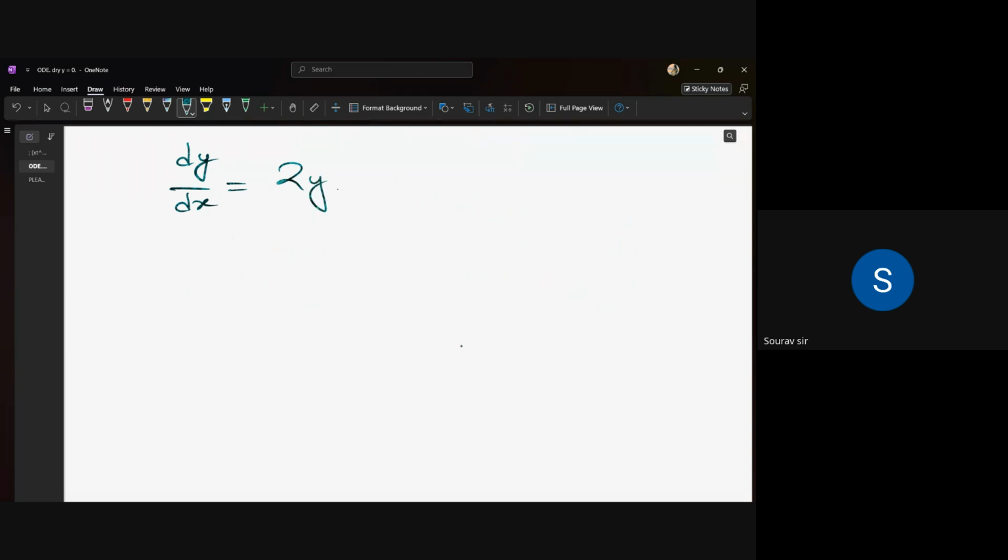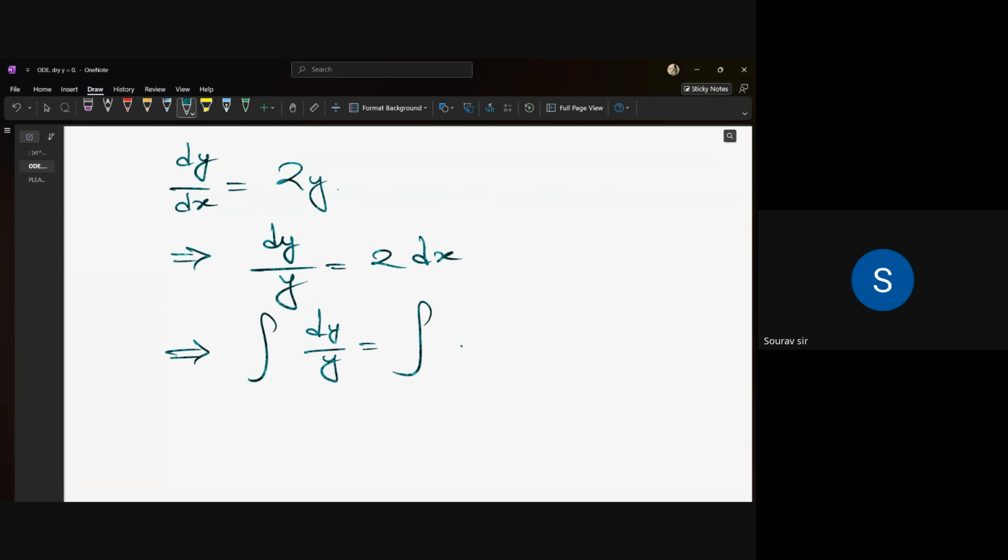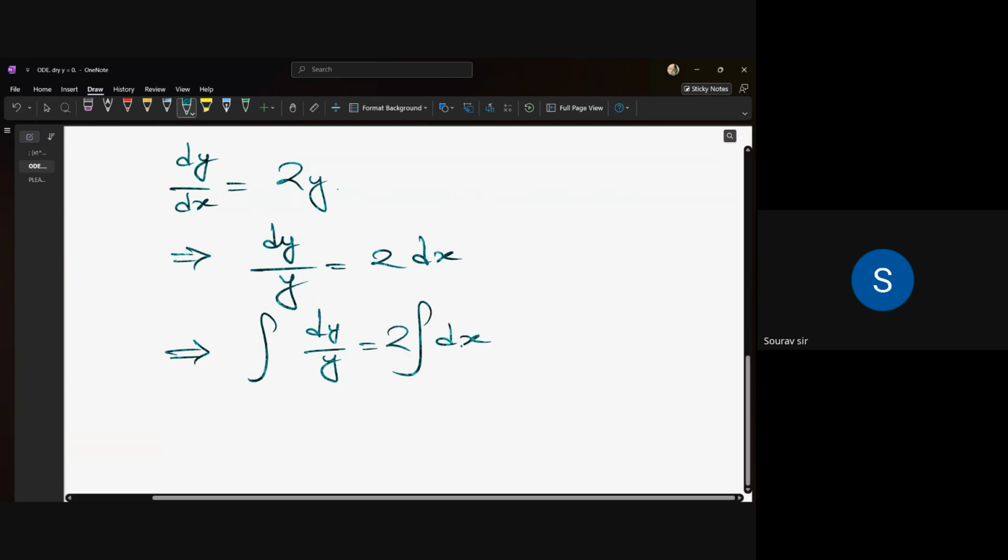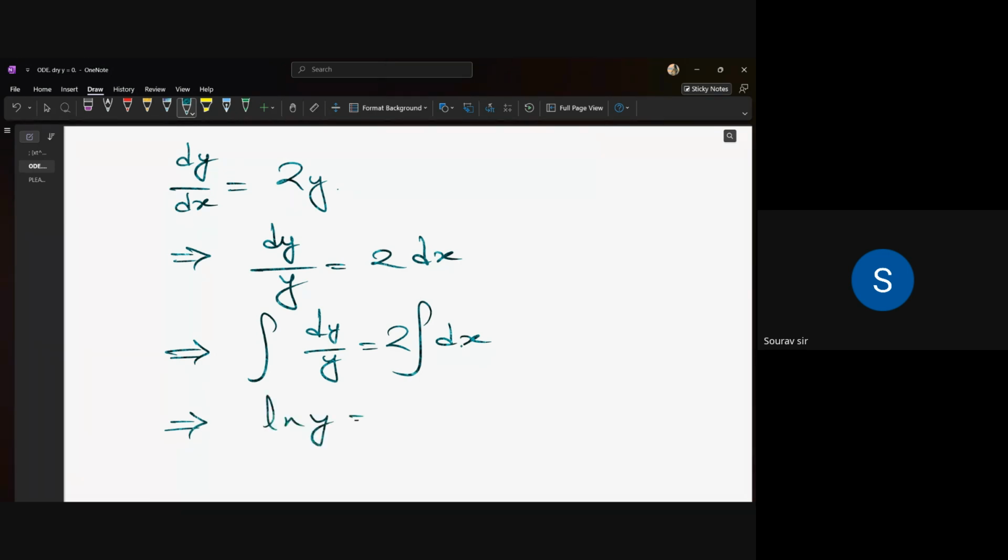From this, what can we do? We can write dy by y equals 2 dx. After that, we can integrate the left hand side and the right hand side. From this, we will get ln y equals 2x plus c.